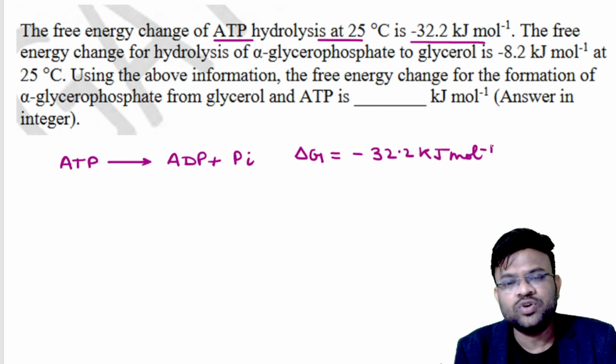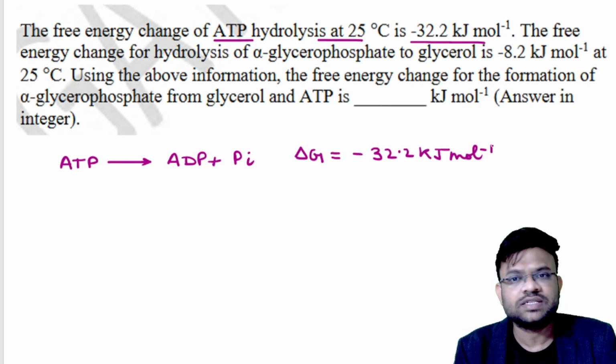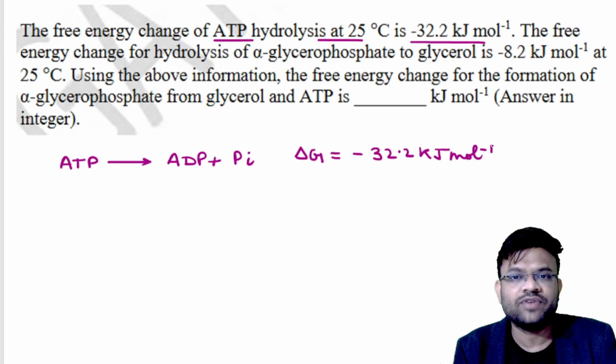Now I would want to point out one more thing over here. Delta G questions are asked a lot of times. You should be able to understand what it implies when the delta G value is negative, what it means when the delta G value is positive, or what it means when it is zero. You should have a very good idea about that.